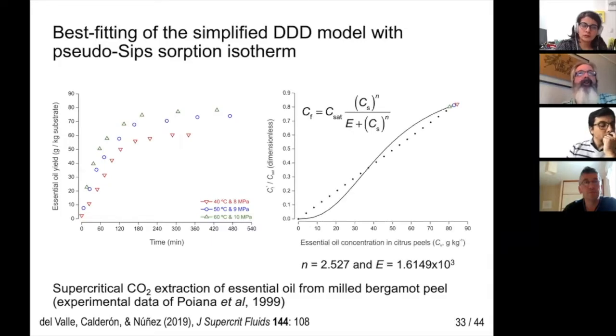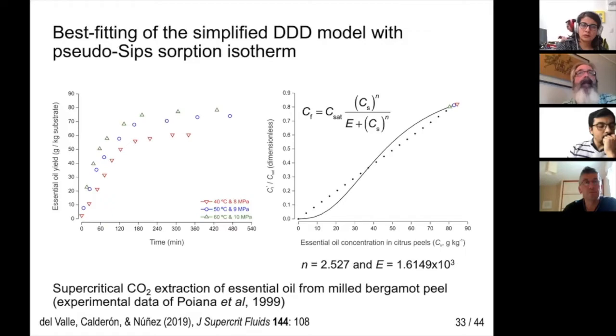Because the so-called pseudo-SIP sorption model requires the solubility of the essential oils in CO2 at the extraction conditions, it is relevant to point out that the combinations of temperature and pressure used by Poliana and co-workers are below those for mutual miscibility of citrus essential oils and CO2.